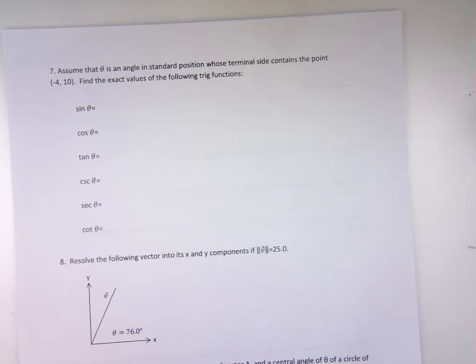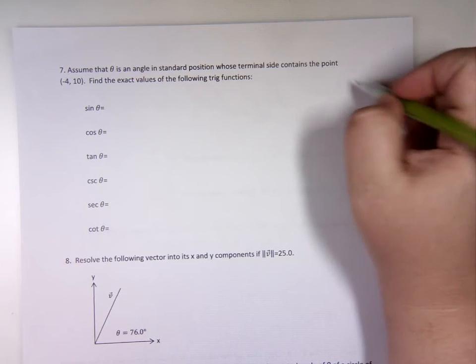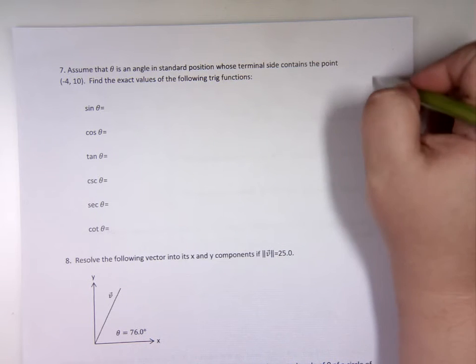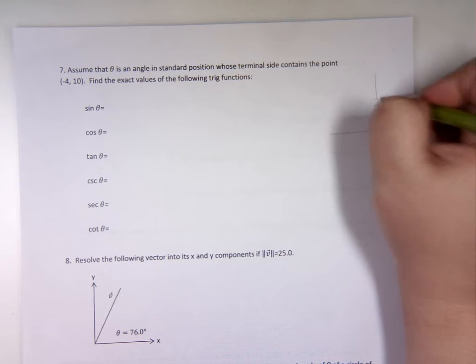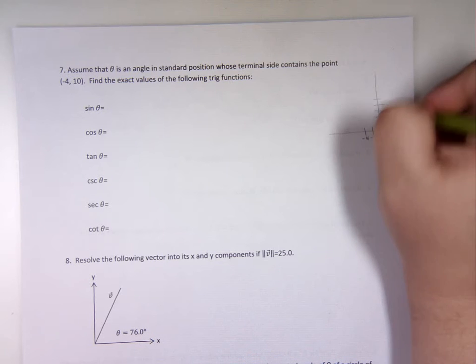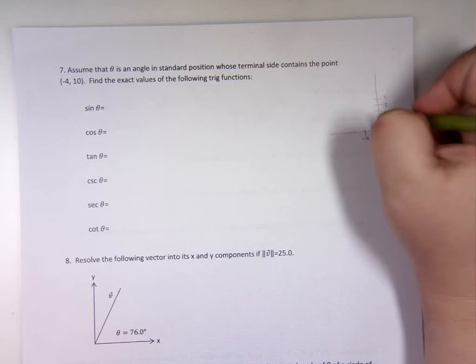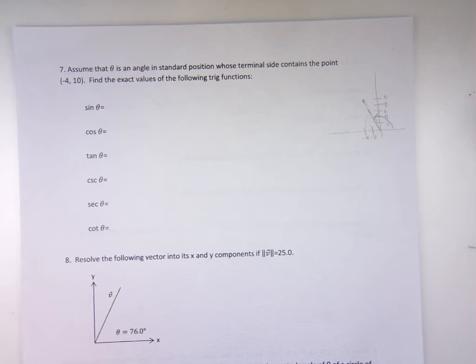Assume theta is an angle in standard position whose terminal side contains the point (-4, 10). I'm counting by 2's here. So minus 4, 10. There's our angle.